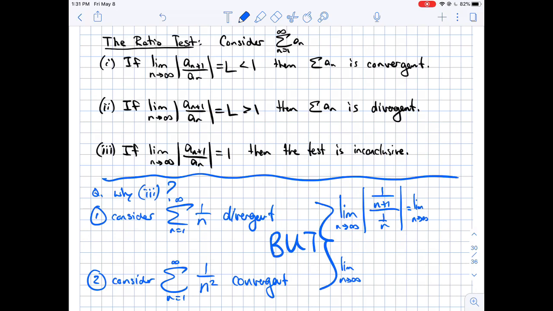This is the limit of n over n plus 1. That limit's going to be 1. If I do the same thing with 1 over n squared, I have 1 over (n plus 1) squared over 1 over n squared. I simplify that, I have the limit as n goes to infinity of n squared over (n plus 1) squared, and the limit is again going to be exactly 1.